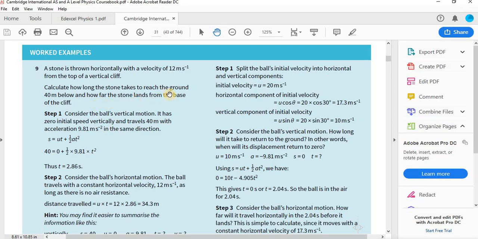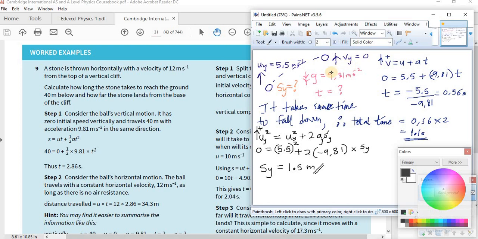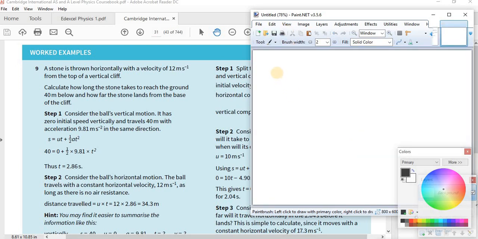Okay, first thing is asking how long, or the time, for it to fall vertically downwards. Now again, if you want, you can draw a diagram for this kind of question. So draw or sketch a diagram and then label all the quantities that are given. So let's say this is the cliff here, and then we have the stone.